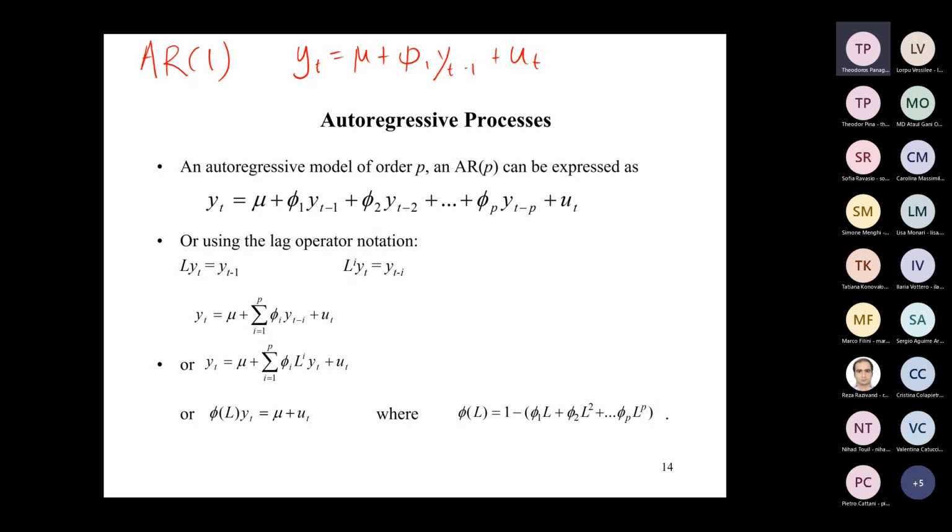This is the simplest autoregressive model we can use. So what is yt? Yt is the variable that I'm trying to explain. In our case, this is going to be the growth rate of CO2 emissions.